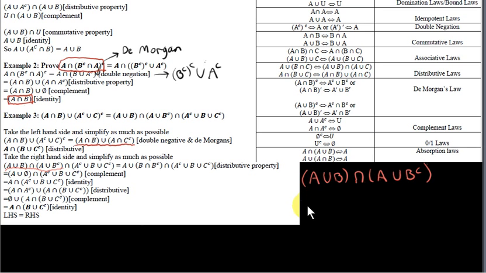So here we take this set A union with B and intersect it with the first set. So I'll put brackets around it here. And then we unite it with this first set A union with B, intersecting the second set, which is B complement.